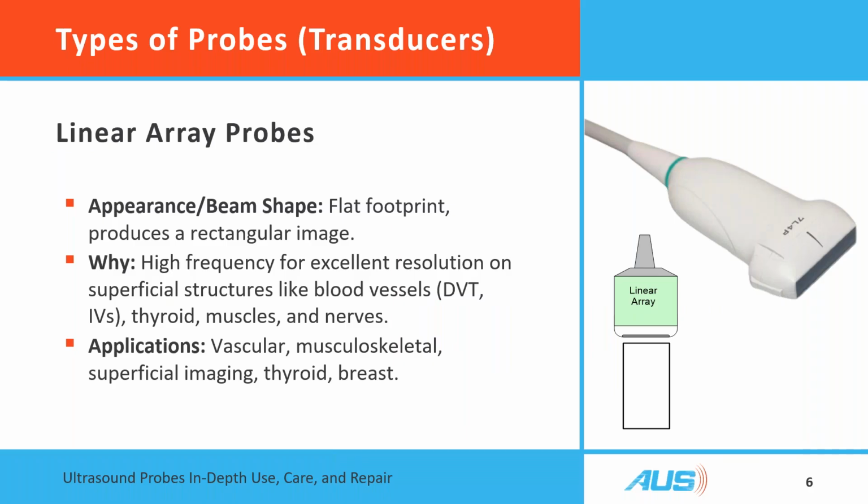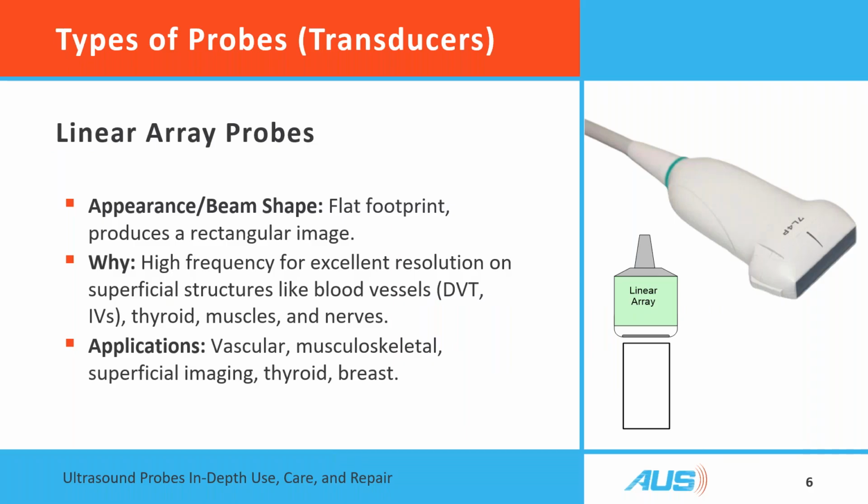All of these have one thing in common: they're fairly surface oriented, which allows us to use the higher frequency. And frequencies in ultrasound go from 1 megahertz to 20 megahertz. That's traditional ultrasound. 1 megahertz being the lowest frequency, 20 being the highest.